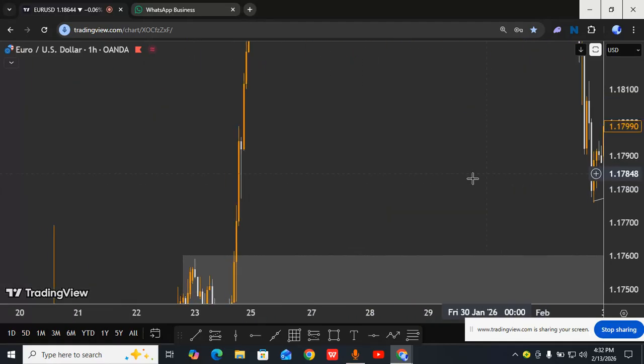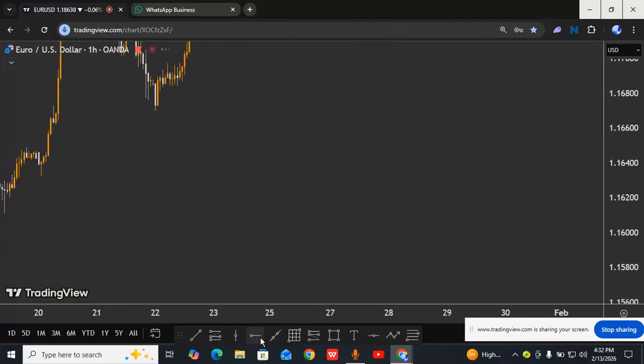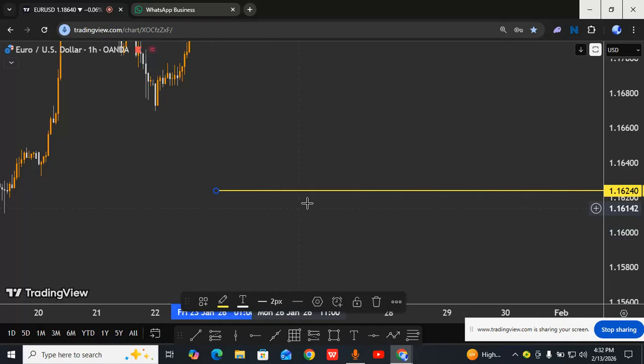So in summary, what CISD simply means is that, let's say for example, we have liquidity. It can be external liquidity, it can be internal liquidity.